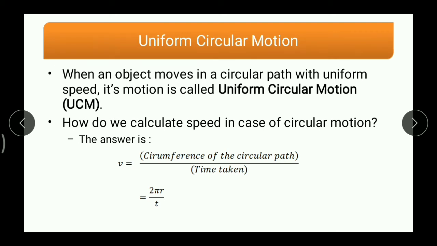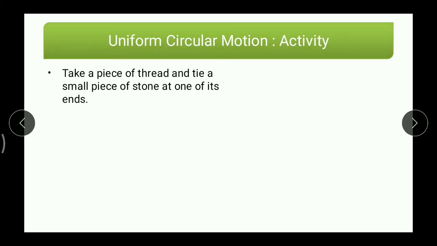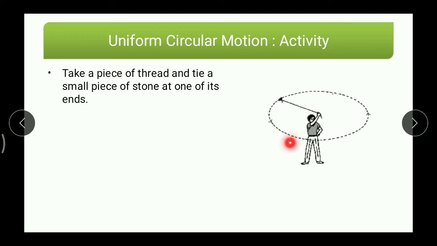Let us learn more about uniform circular motion with the help of an activity. You have to take a piece of thread and tie a small piece of stone at one of its ends. This can be a schematic diagram where there is a boy with a thread in his hand with a small stone at one end, and he is rotating it.